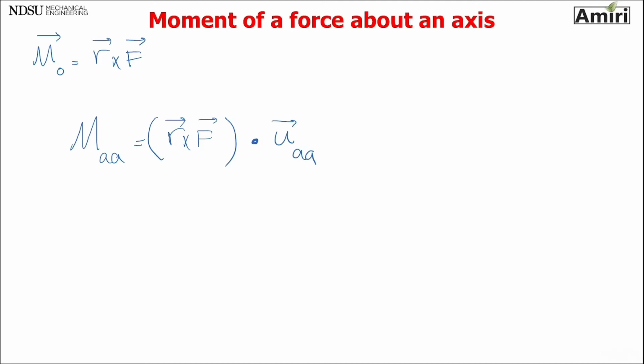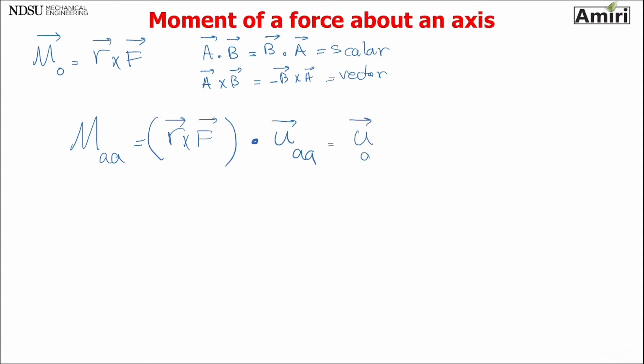In a lot of textbooks you see it written that way, because remember, A dot B is the same as B dot A. But with a cross product we couldn't do that, because then this is a vector. This is just to remember, so I can just flip these two. I can say unit vector of A dot R cross F.